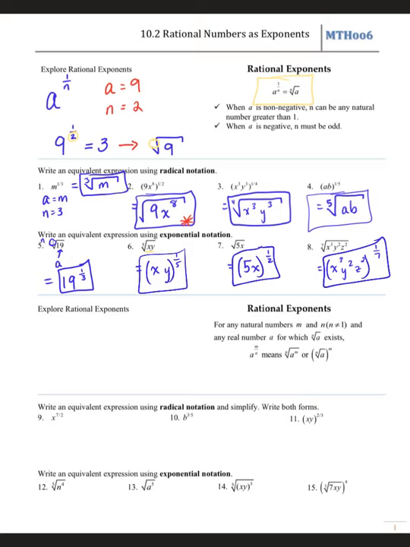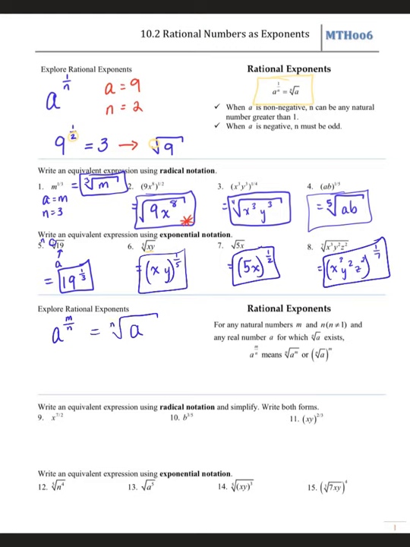All right, the next idea, exploring more rational exponents. Now what we're going to do is change the numerator to something other than a 1. So if this is going to be in the form of a to the m over nth power, when we simplify this, the a is going to be the radicand and our index goes here.